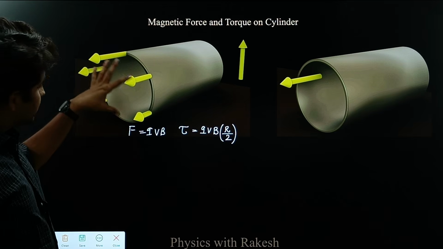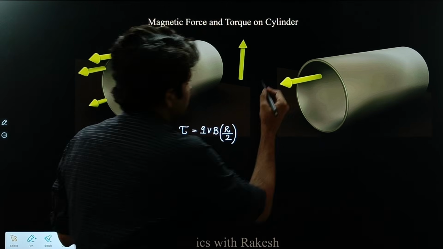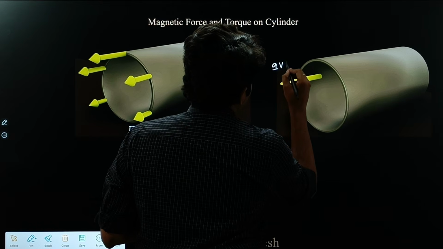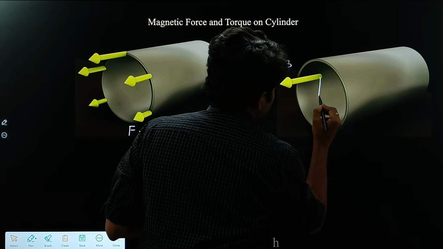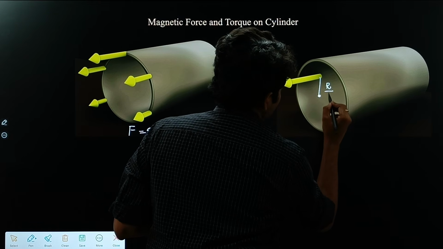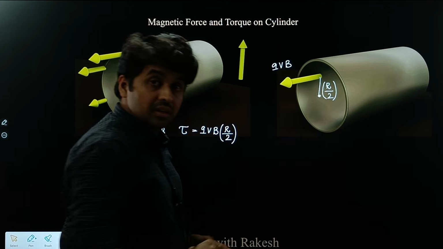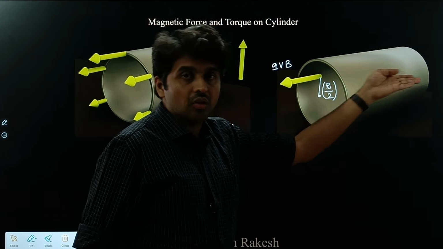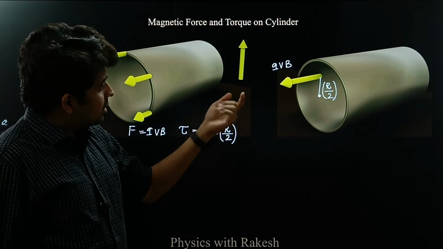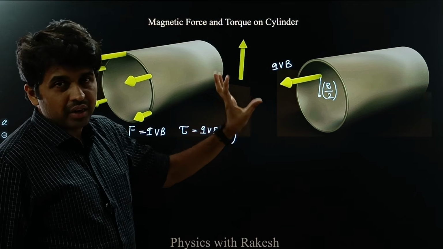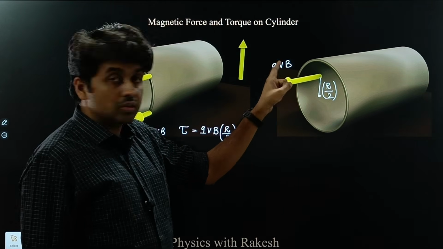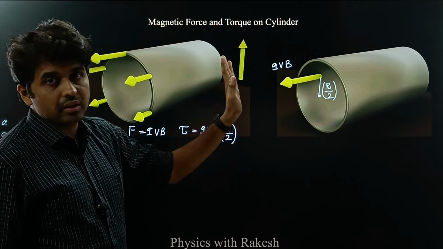So we'll replace this with one force, QVB, at a distance R by 2 from the central axis of the cylinder. Now we don't need to worry about magnetic force and magnetic torque. We'll just write this one force and that will take care of it.